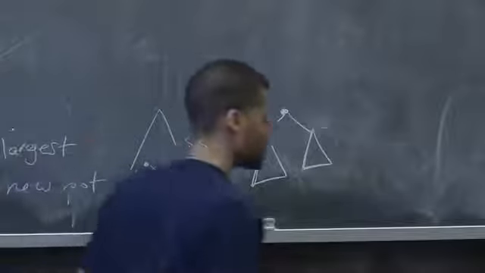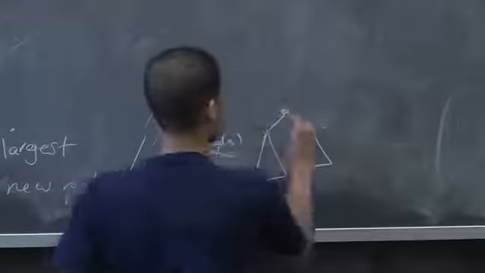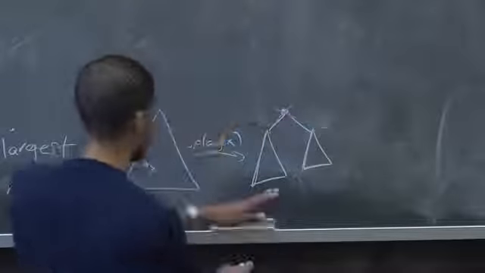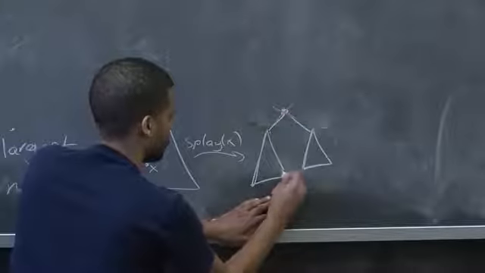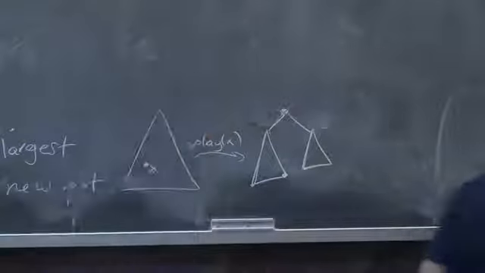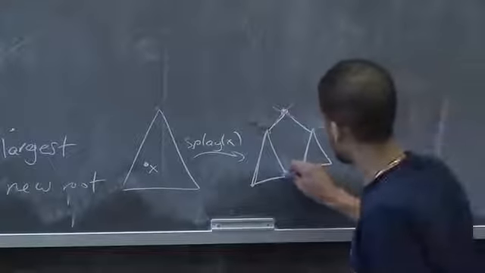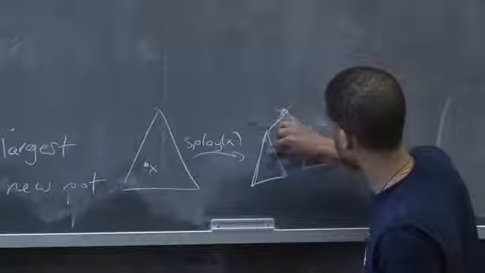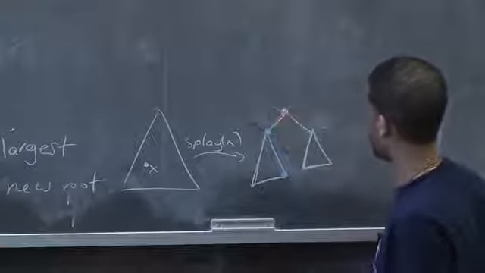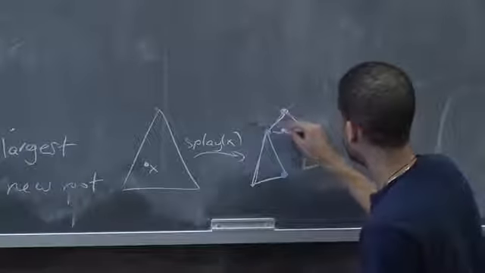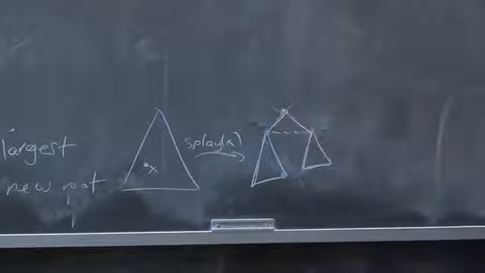And then you deleted X. And then now you find the largest element in this tree. Let's use colors. And you bring that to the top. And then now you add that, so it becomes the new root. Okay, so that's how you do deletes.